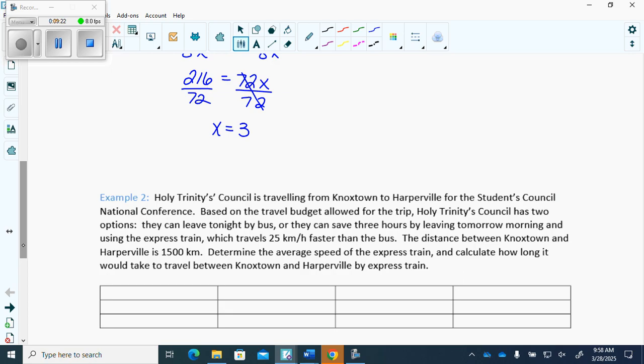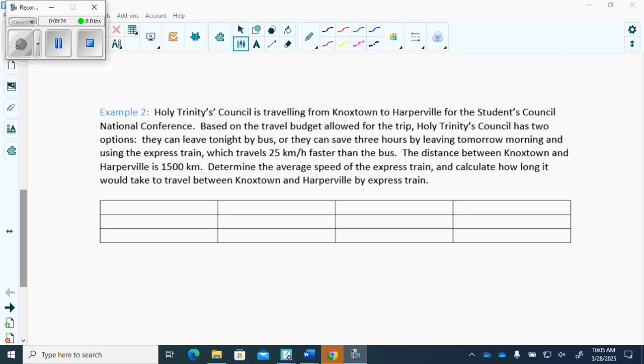You fill it in. So we have a bus, an express train, and you have speed, distance, time, or distance, speed, time. It doesn't really matter. I always just end in time.